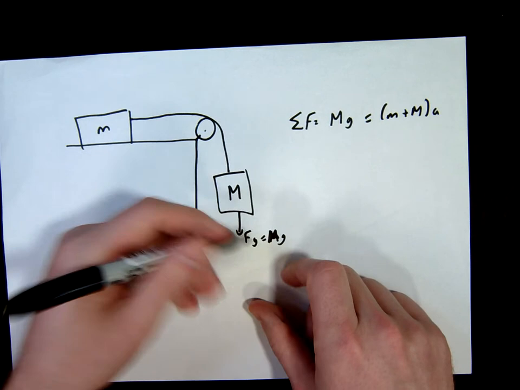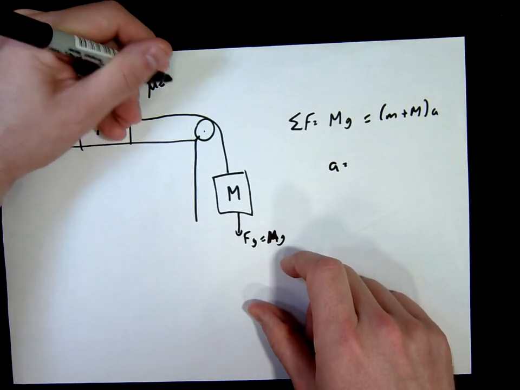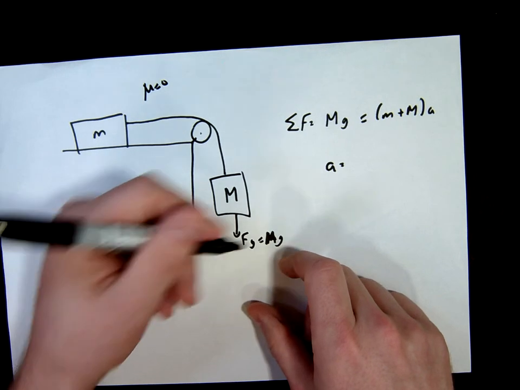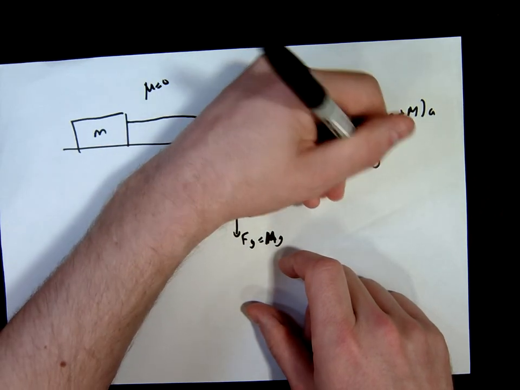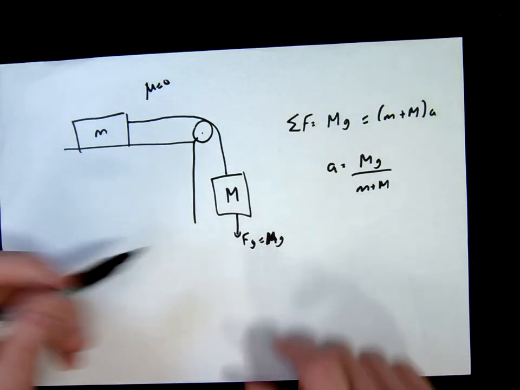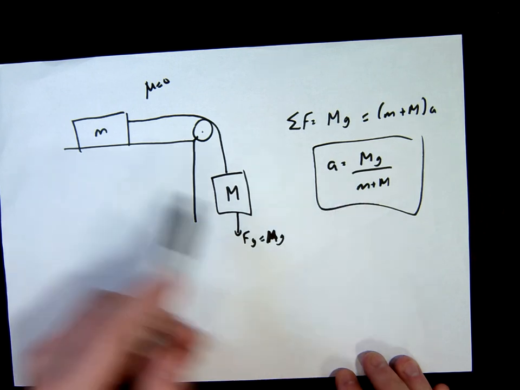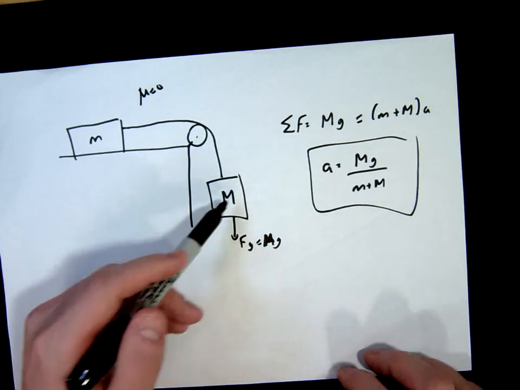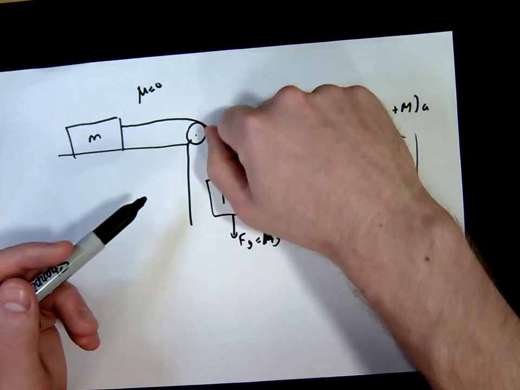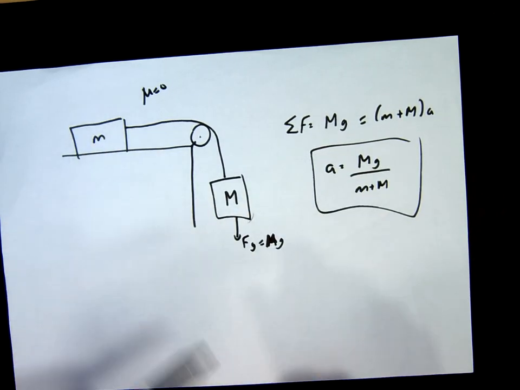So if they were ever asking me for the acceleration of this setup, where mu is equal to 0 up top, I could end up getting Mg over m plus M. This is not something you memorize. Please don't do that. Just in terms of how pulleys work, they're just shifting direction. It's just like I'm pulling this object. That's my net force, a certain amount, like that.